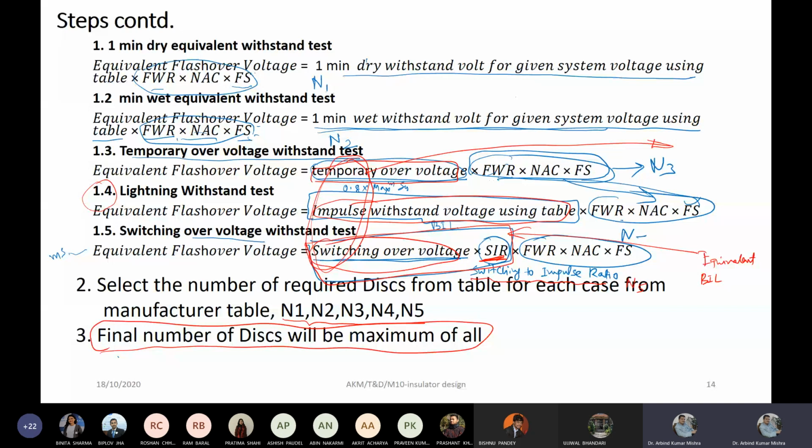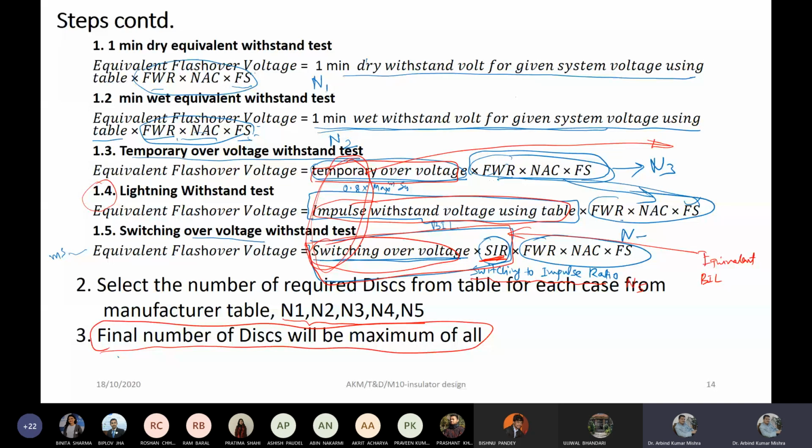Whereas if you go above 220 kilovolt, the switching overvoltage starts dominating the lightning overvoltage, so you need to control the switching surge ratio. However, controlling the switching surge ratio alone will not work. For that, we also need to control another system dependent overvoltage, called temporary overvoltage.